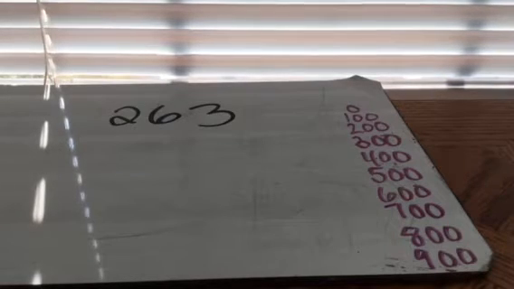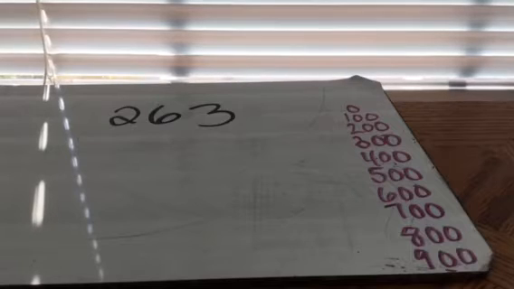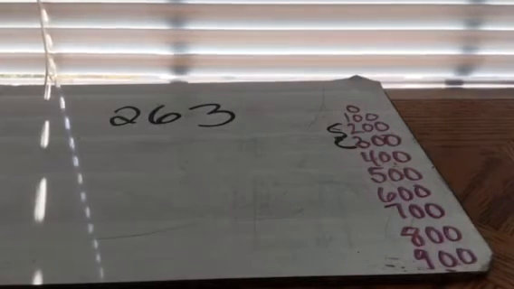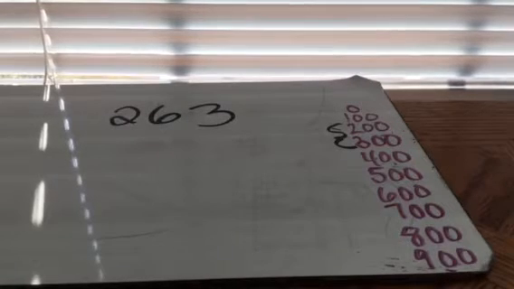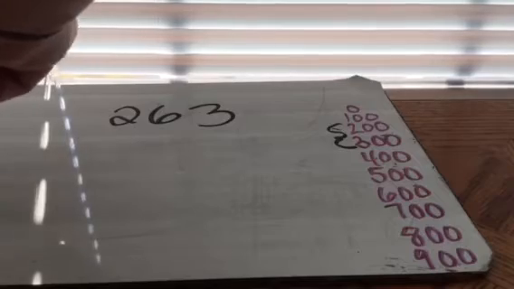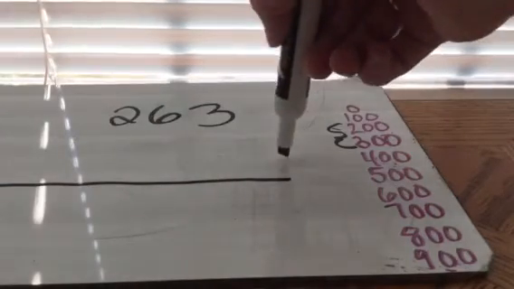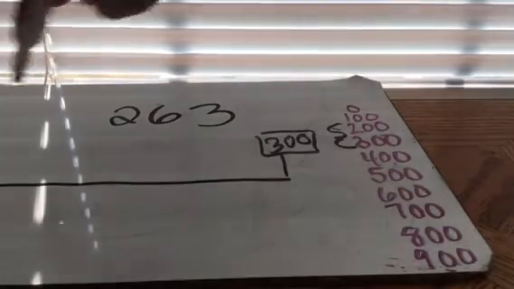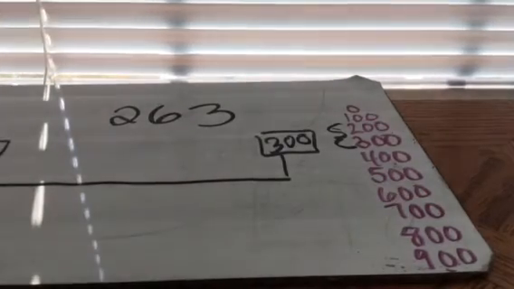If I'm rounding 263 to the hundreds, it would be between 200 and 300. So those are going to be the ends of my number line. I'm going to put 200 on this end, and 300 on the other end. And 263 is somewhere between there.